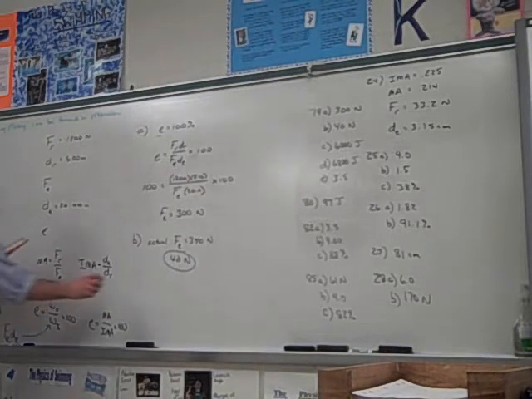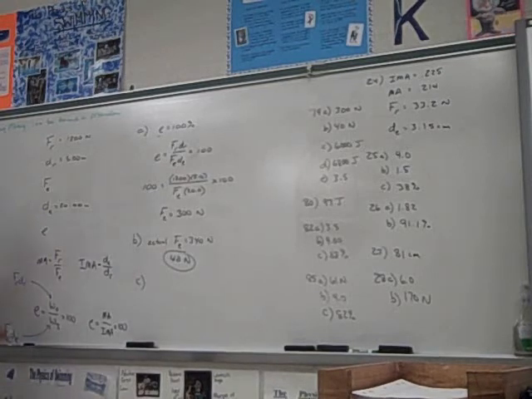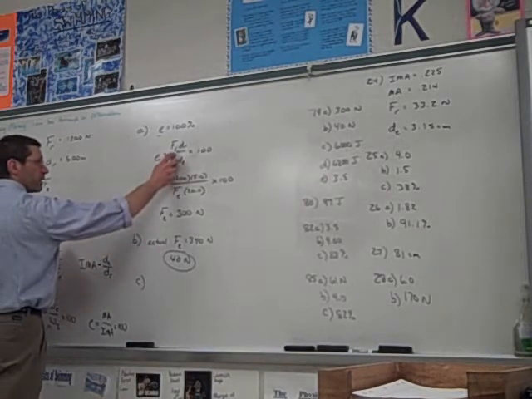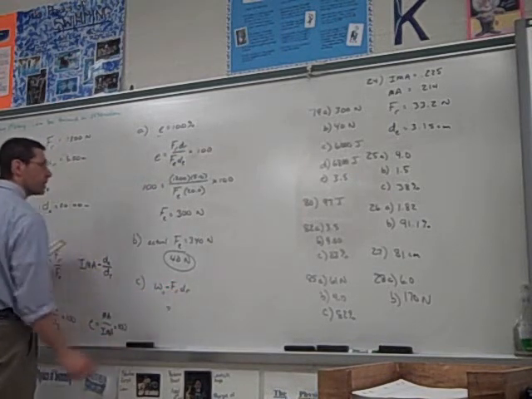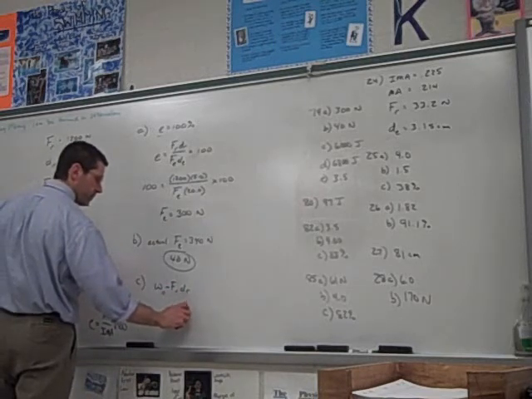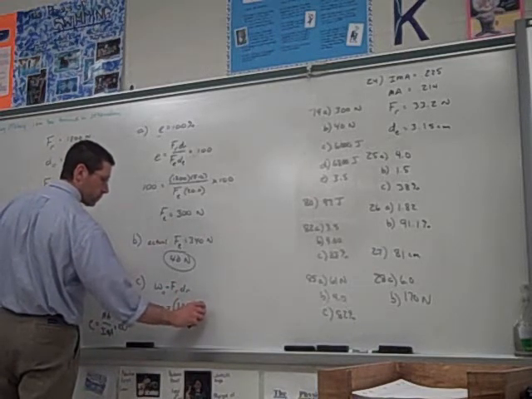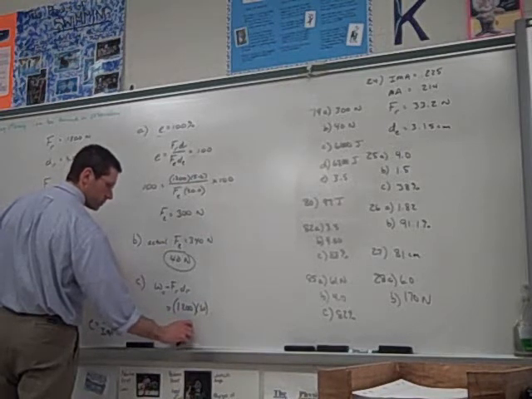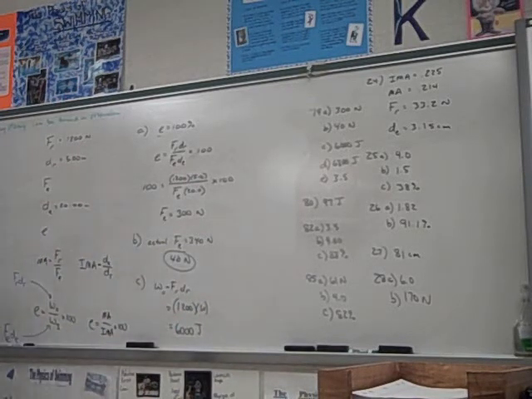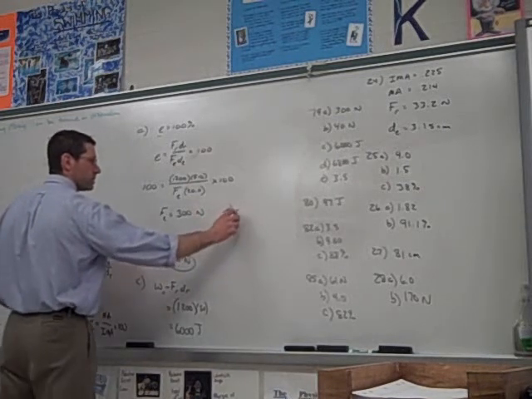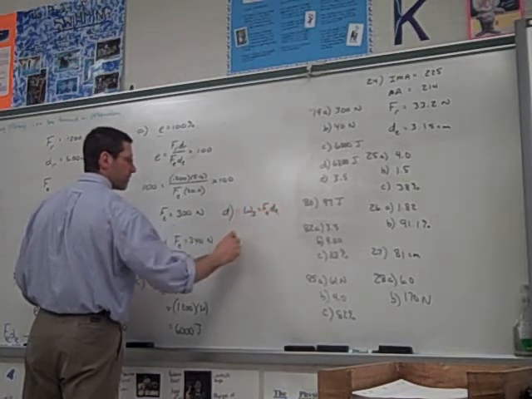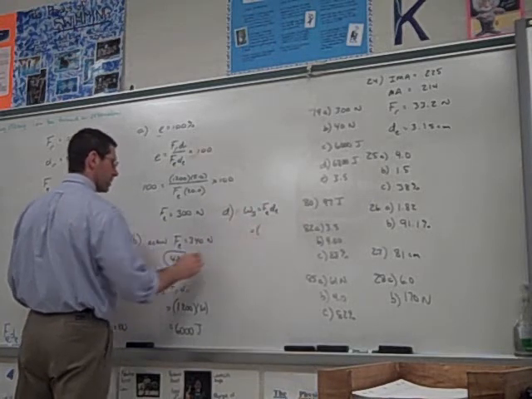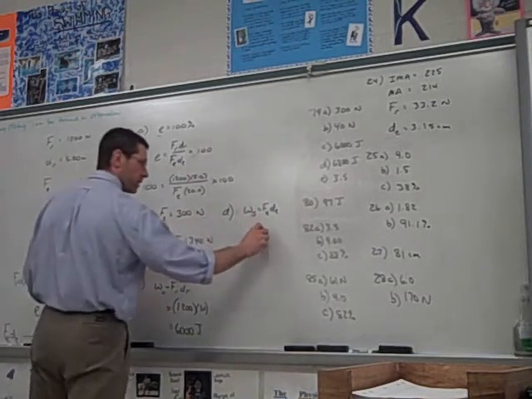What is the output work? So now that's FRDR. We wrote that here. So work out is the resistance force and the resistance distance. So that's 1200 times 5, or 6,000 joules. What is the actual input work? So that's WI is FEDE. So he's actually using 340, so we'll use that.